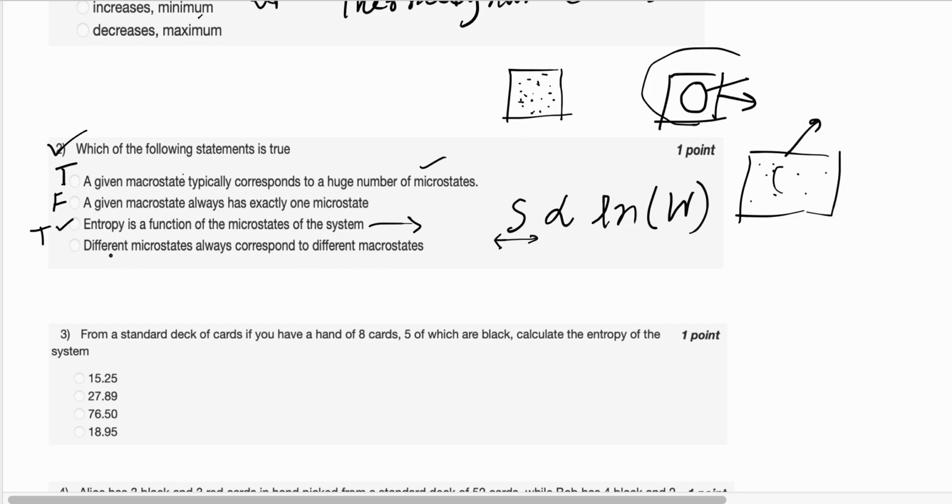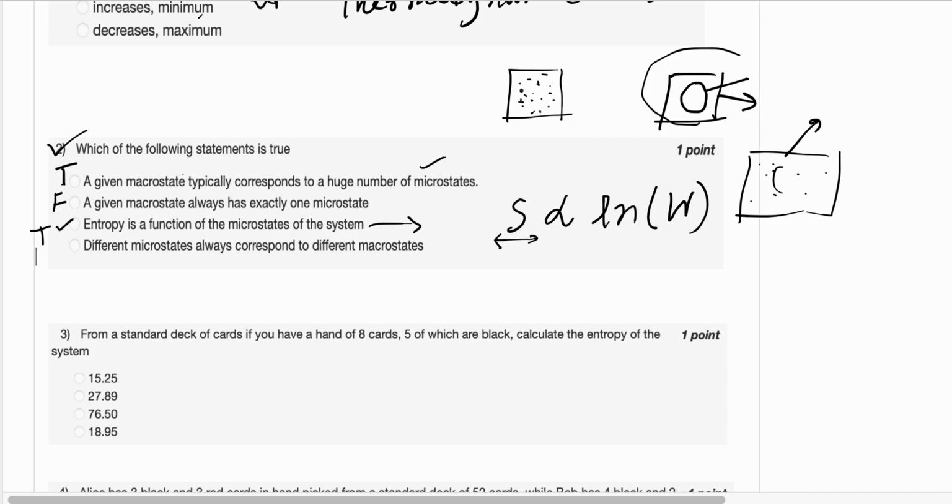No, it's not always. Different microstates do not always correspond to different macrostates. It is not true. As in our previous gas example, at a given pressure, temperature and volume, there will be a very huge number of microstates, a huge number of possible configurations of the particles' momentum and position.